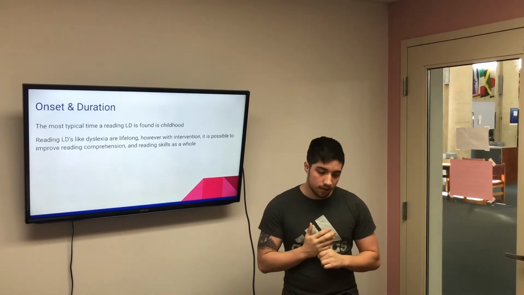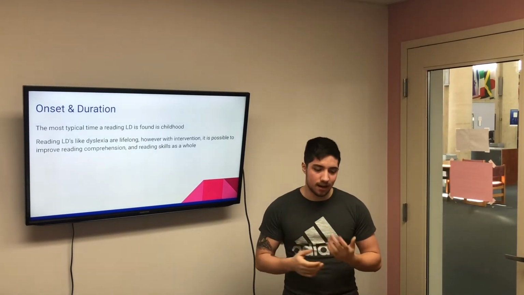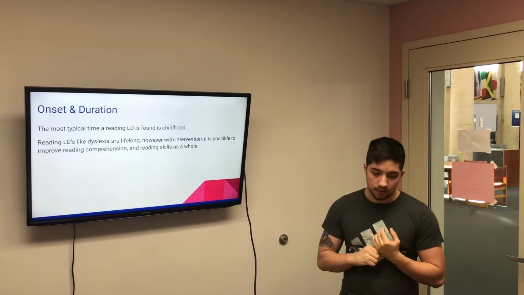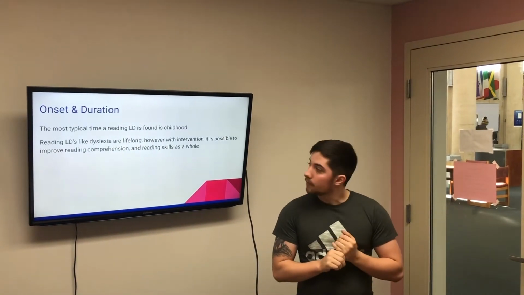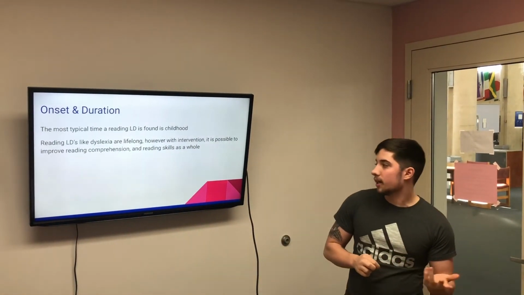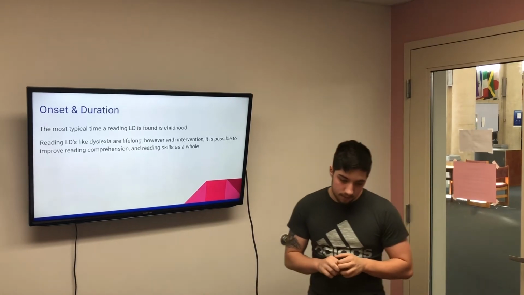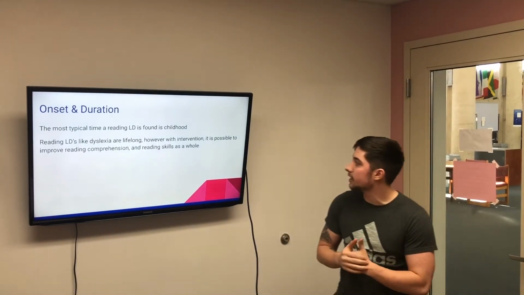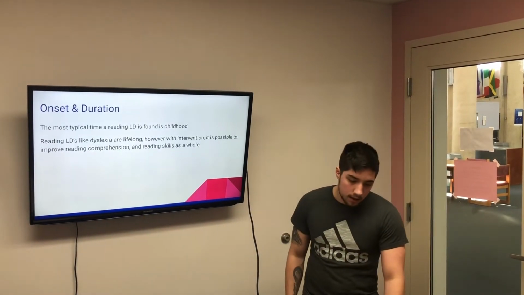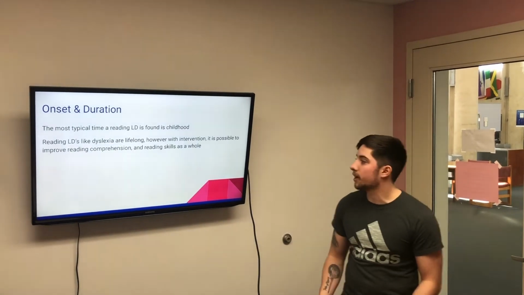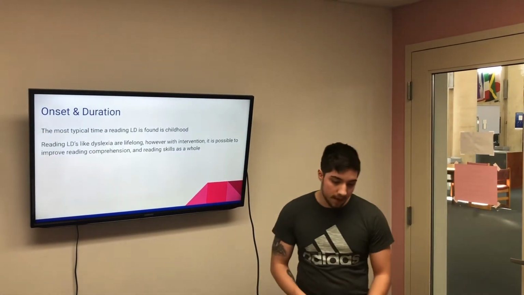It can be found later, but most of the time, because of schooling, it is found in childhood. It's a lifelong condition, at least some are, like dyslexia. However, with intervention and therapies, it is possible to improve reading comprehension and reading skills as a whole.